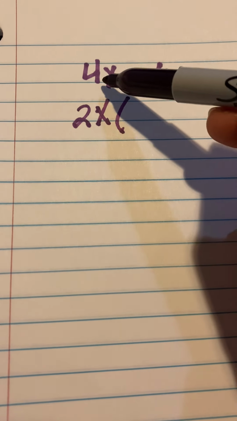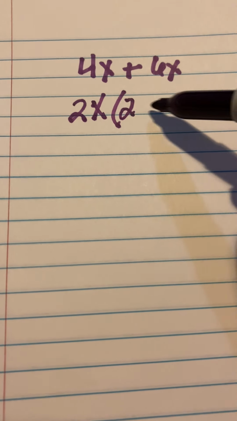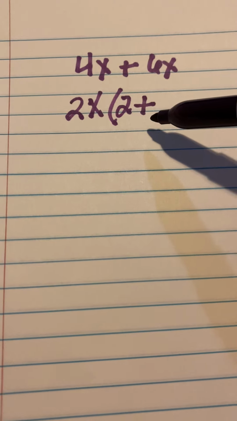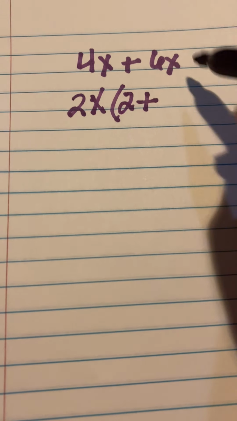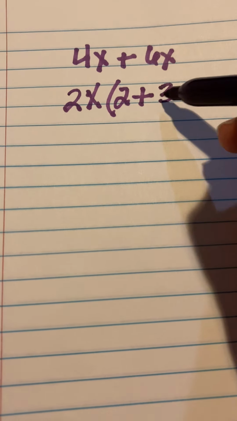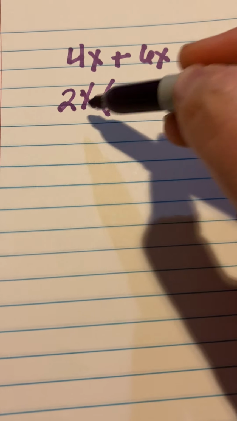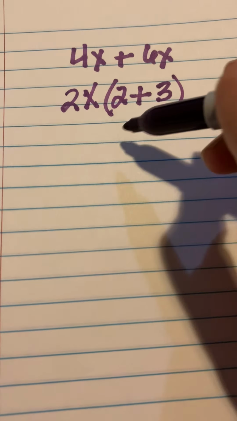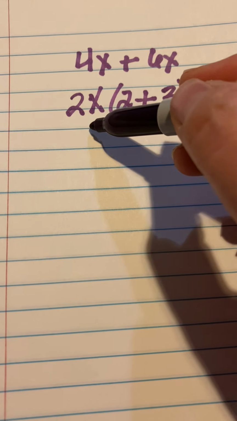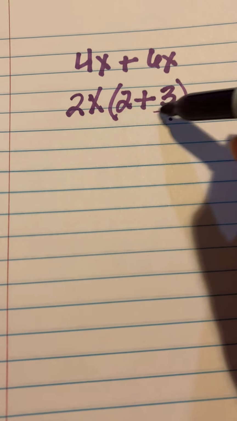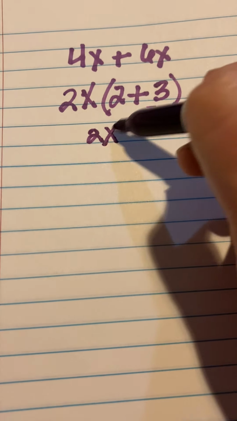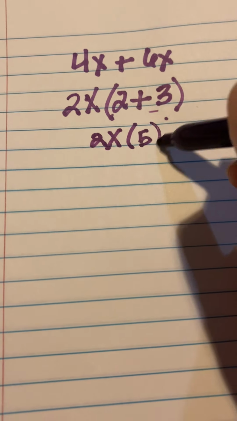And then inside, I'd be left with, how many groups of 2 go into 4? 2 of them. No x anymore because I already took the x out. And then over here, how many groups of 2 go into 6? There is, of course, 3. And again, no x because I already took the x out. Okay? So then we'd be left with 2x times 2 plus 3. Now, if you actually had that inside, you would, of course, want to simplify it. 2x times 5.